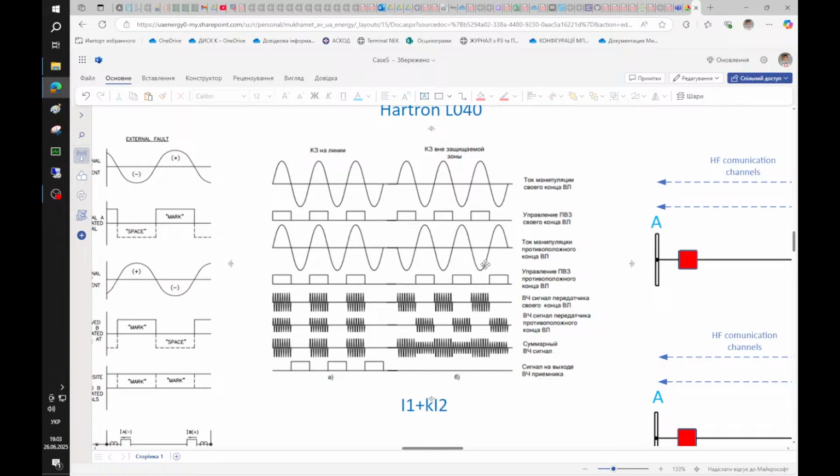During an external short circuit there will be no pauses in the high frequency signal, and in the case of a fault on the line, on the protected object, there will be pauses in the high frequency signal, and protection will trip. For manipulating this high frequency signal, different signals may be used, but usually it's a combination of positive and negative sequence current.